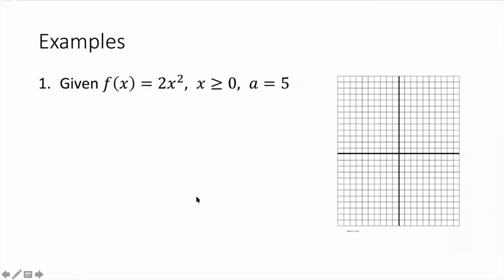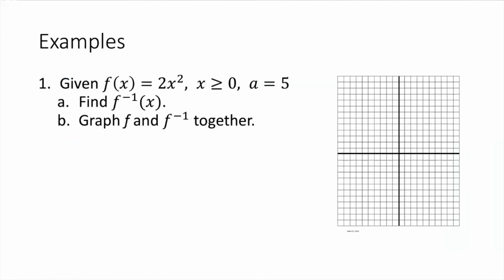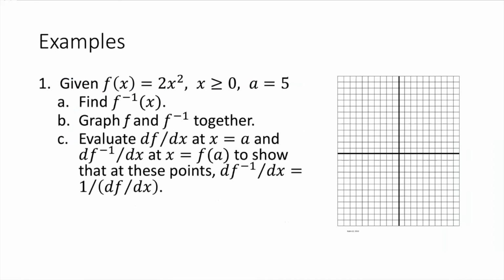All right, so we are on to our last couple of examples. In the first example, given f of x equals 2x squared for x greater than or equal to 0, we need this domain restriction to make this function 1-to-1, at the point a equals 5. So the first thing we'll do is find f inverse of x.